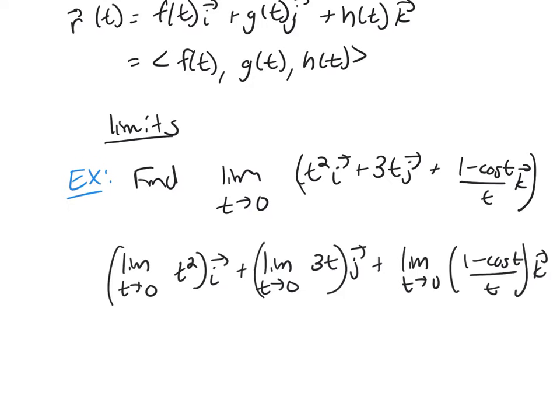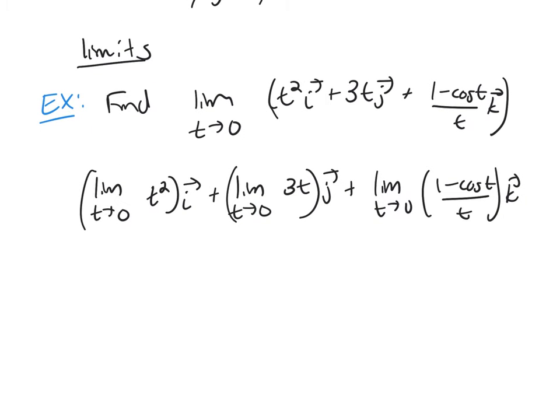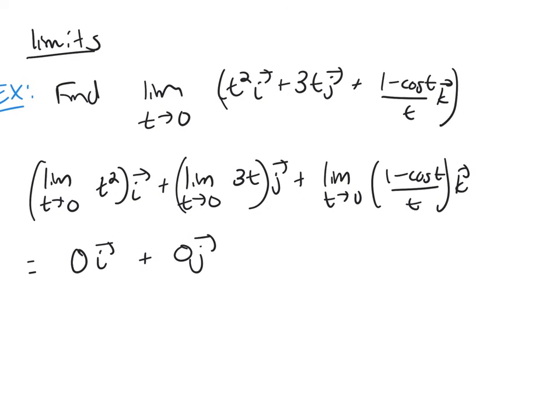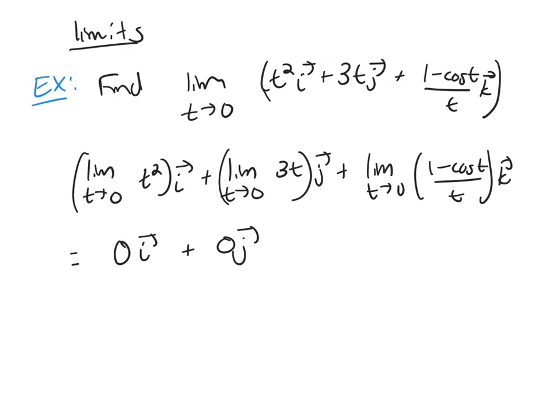Now in these first two I have polynomials, so I can just plug in 0 in place of t and I'll get 0i and 0j. But here, if I plug in 0, I get 0 over 0, which means I need to use L'Hopital's rule to find this limit. So this is equal to the limit as t goes to 0.